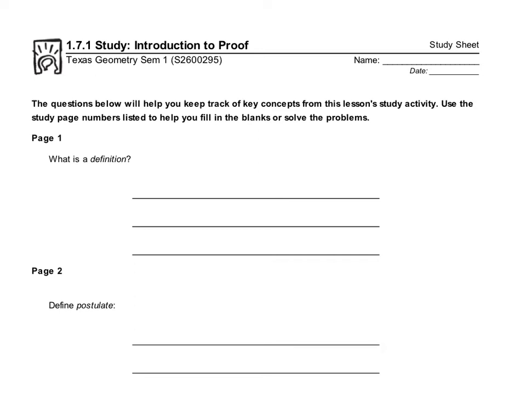So we're starting our introduction to proofs, and we need to do some basic definitions in order for you to be able to figure out exactly what proofs are. So starting with the definition of the word definition.